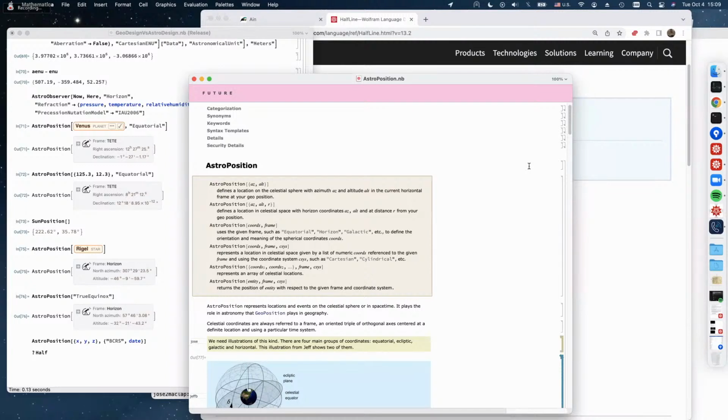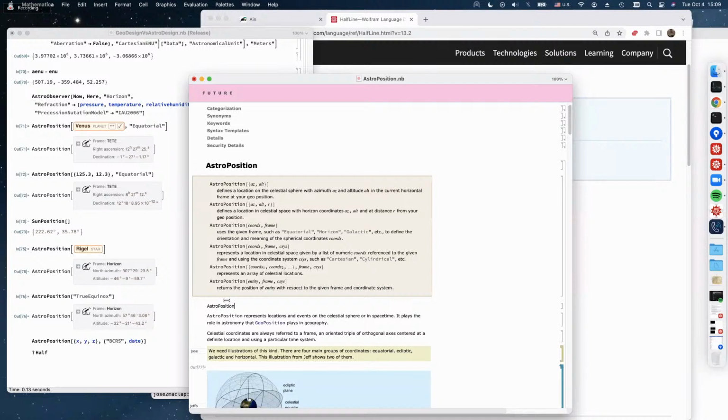So astroposition really represents an observed astronomical position. Maybe we can write that statement down. Represents an observed astronomical position. I wouldn't edit that, I would just put it in. Okay, astroposition represents an observed astronomical position.